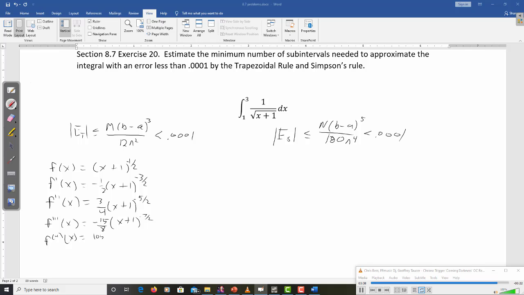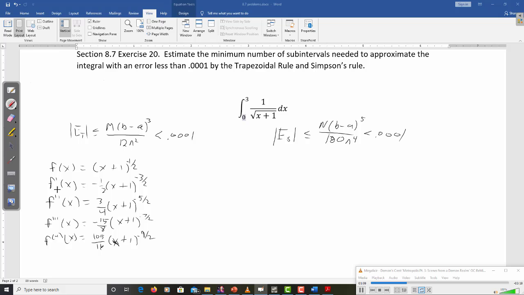Yeah. 105 over 16 (x plus 1) to the negative 9/2. Quick note here, I actually made a mistake when I was copying the original problem. This was a 0, not a 1. I actually went quite a bit further, then had to come back, but just a little note here.